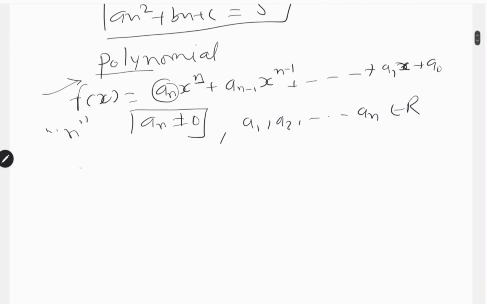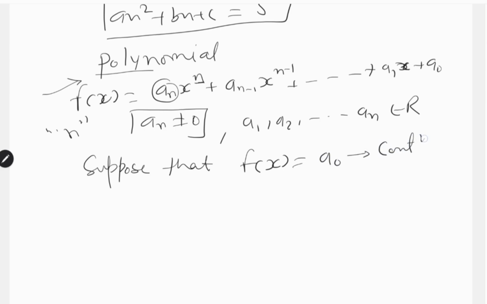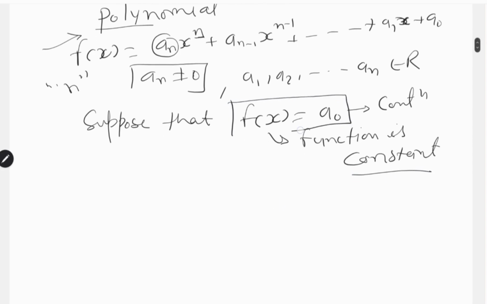Okay, suppose that f of x is equal to only a naught, the constant, then the function is constant function. For example, f of x is equal to 5, f of x is equal to 7.